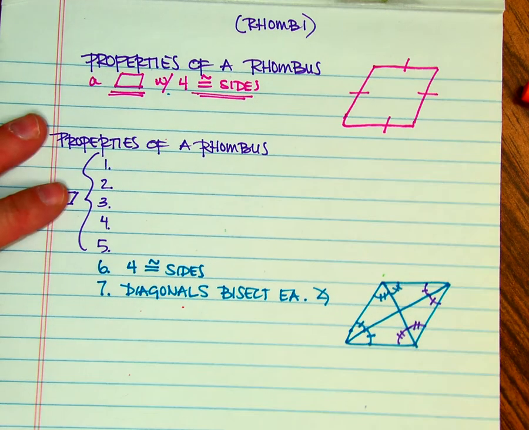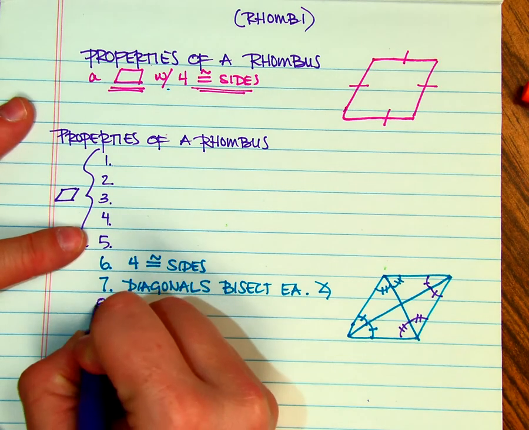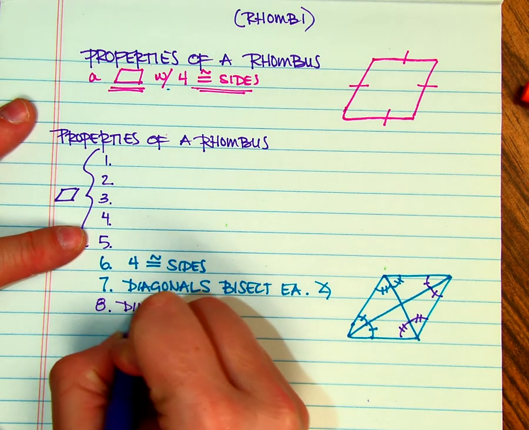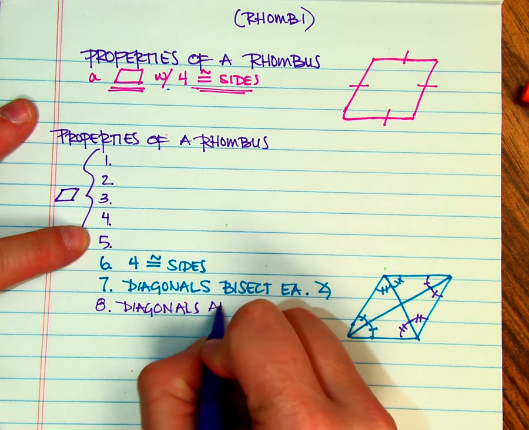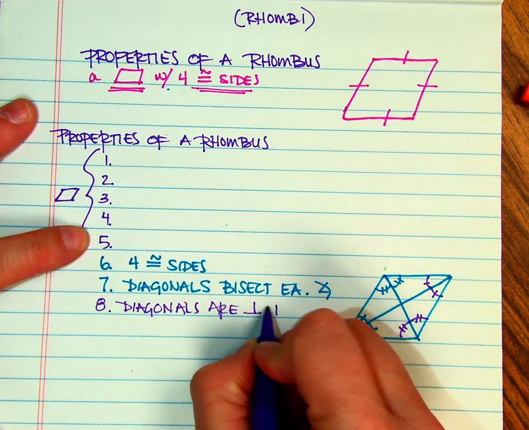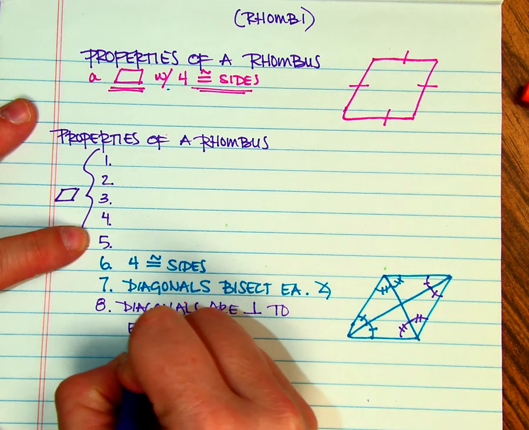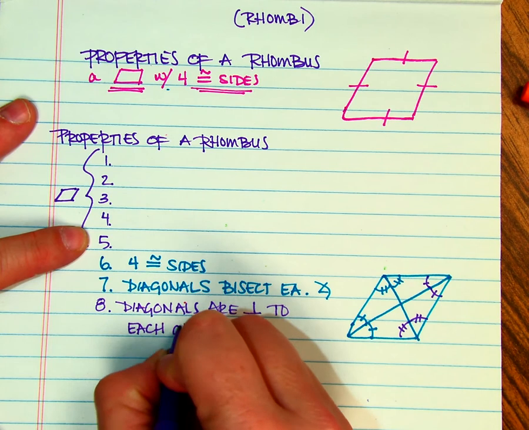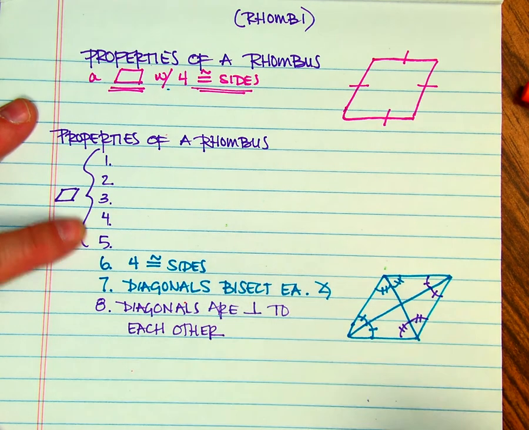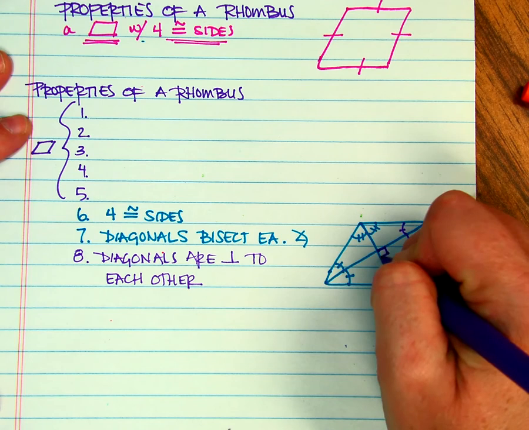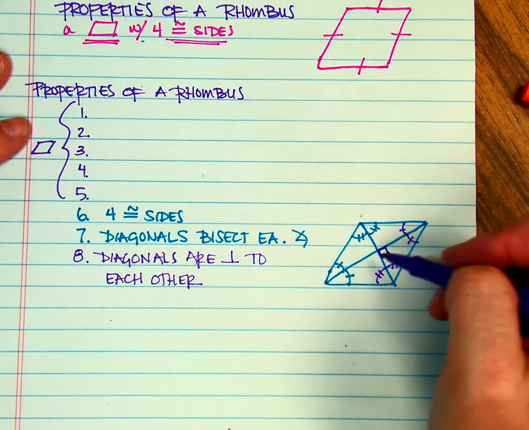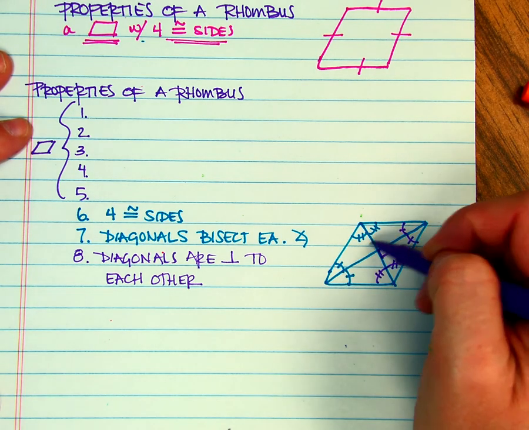The last thing that's important about a rhombus is the fact that diagonals are perpendicular to each other. So what that means is that where they intersect, that creates a right angle. So if you have one right angle, that means you have 4 right angles.